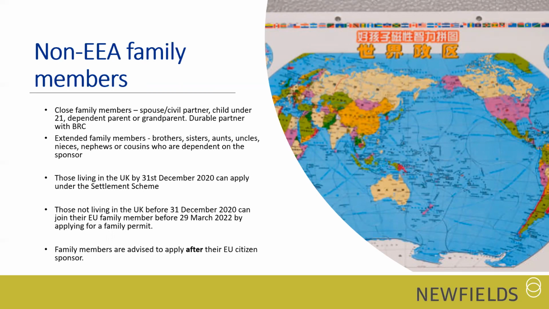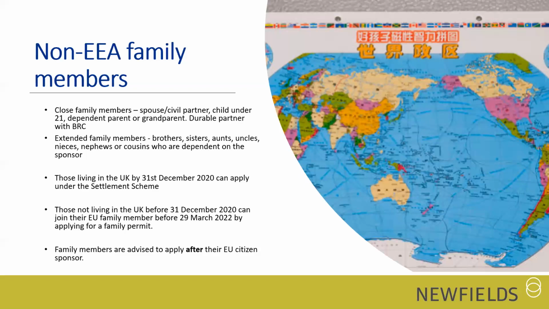If those extended family members rely on those EU sponsors financially, for welfare, for support, perhaps those individuals need extensive care from that EU sponsor, then those individuals would be able to apply through the EU settlement scheme. There would be an additional requirement to evidence that level of dependency.